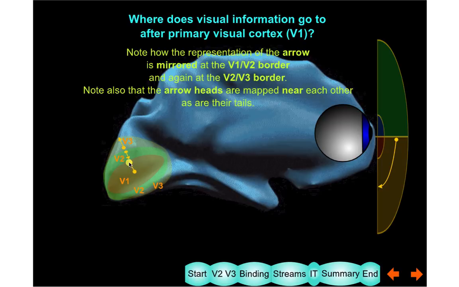So what's happening here is cells that are similar to each other are trying to be close to each other. So if you had lots of arrows all drawn here, all those arrows would end here and similarly be at the other side of the border. Similarly, the tails here would be all together at this side of the borders. So all similar cells are close together, and that reduces the wiring.